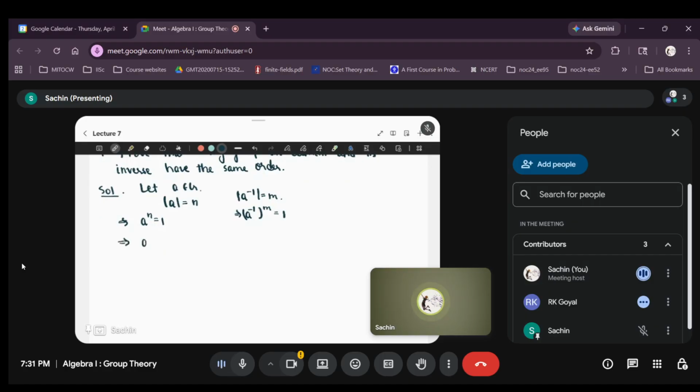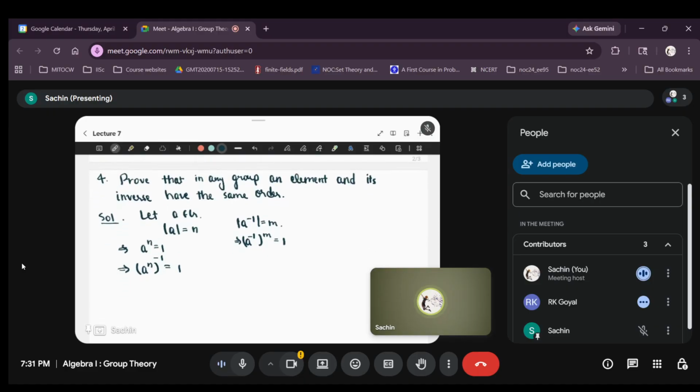We can take the inverse, right? If A power n is 1, then A power n inverse is 1 inverse, which is 1. The inverse of the identity is the identity itself. By 1, we actually mean the identity element.